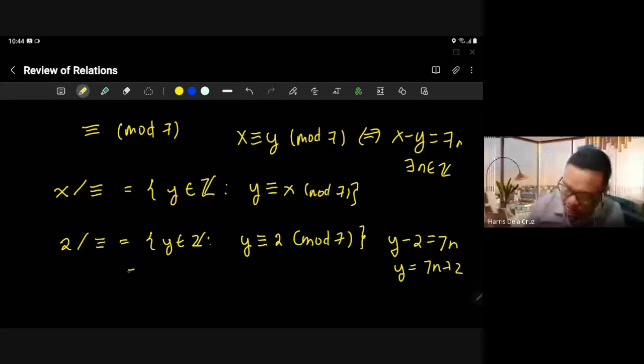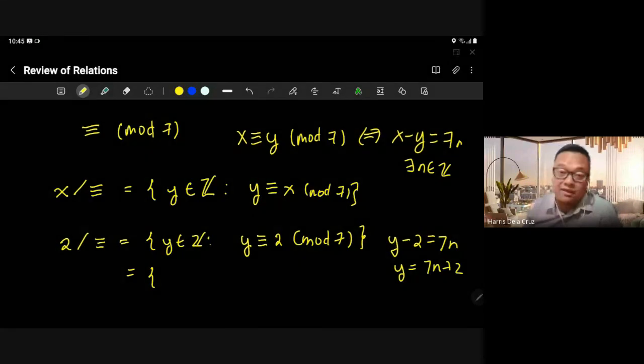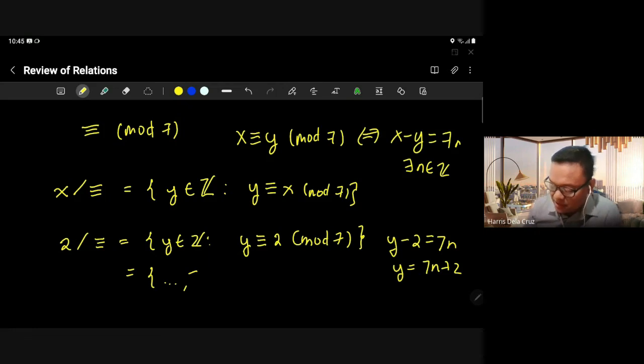Okay? So, ano laman niya? So, lahat ng y na congruent kay 2. Or ibig sabihin, lahat ng y that can be written as 7n plus 2. Ede, madali nang compute niyan. Substitute ka lang ng n. So, for example, pag ang n ay negative 1, edi negative 7 plus 2, negative 5. Pag ang n ay 0, edi 2. Pag ang n ay 1, edi 9, and so on. Actually, plus 7 ka lang ng plus 7. So, 9 plus 7, 16, and so on.